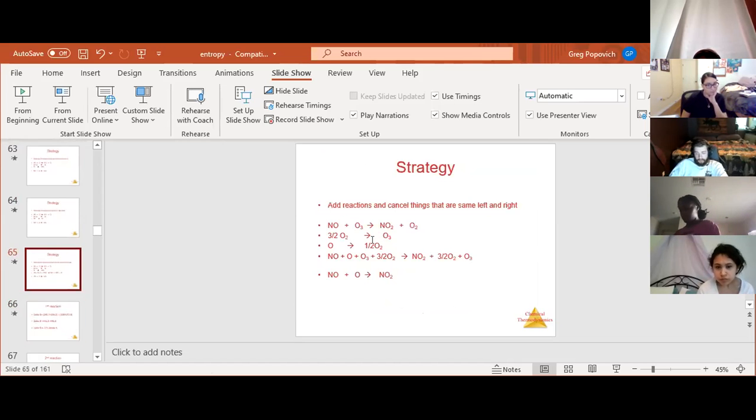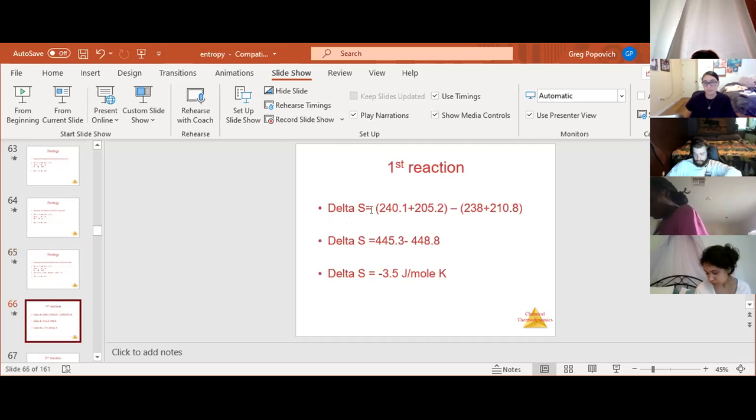What I did was I used the individual delta S's for NO2 and O2, subtracted out the delta S for NO and O3. That's how I got the delta S of the first reaction, which was a negative 3.5.